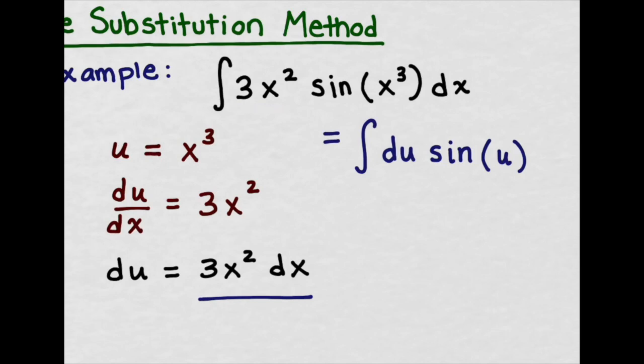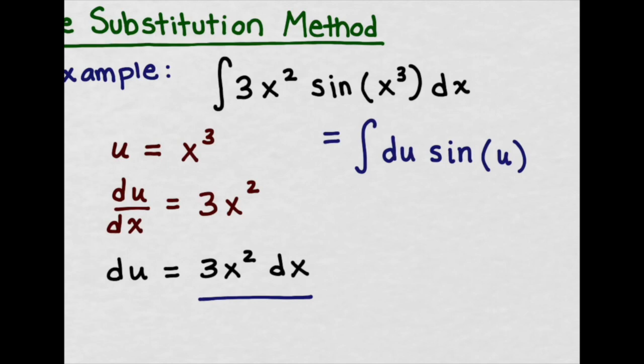Now we just need to evaluate the integral with respect to u. Notice that this is an indefinite integral. The derivative of cosine is sine, so we will end up with a cosine when we evaluate this integral.